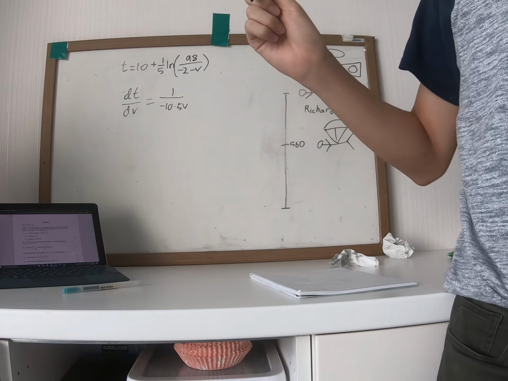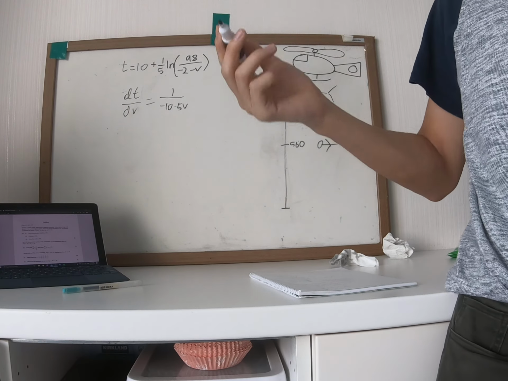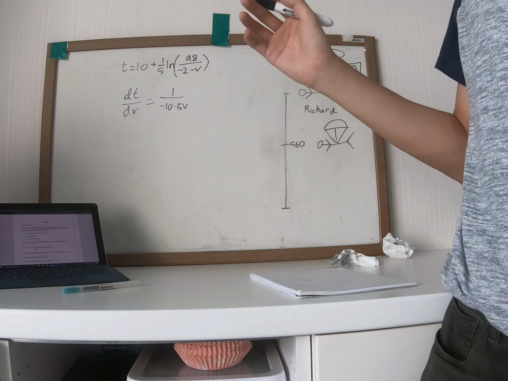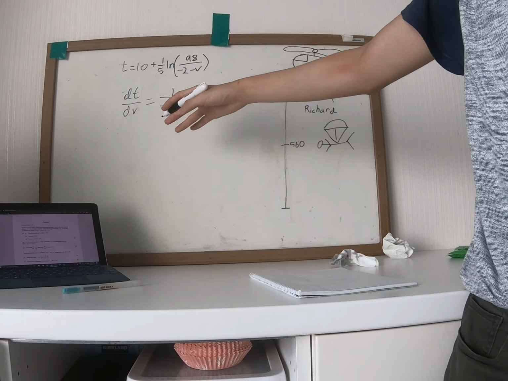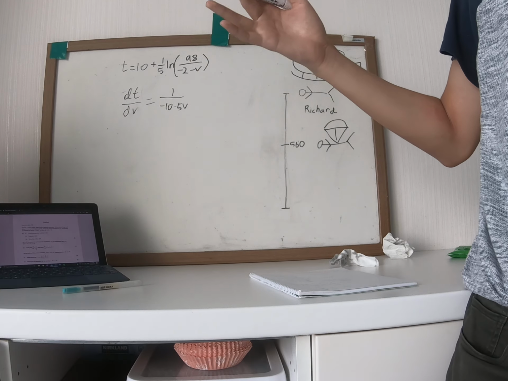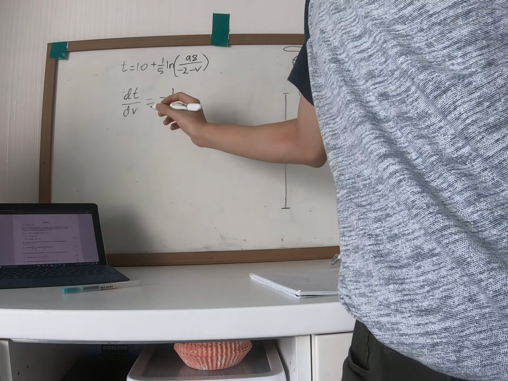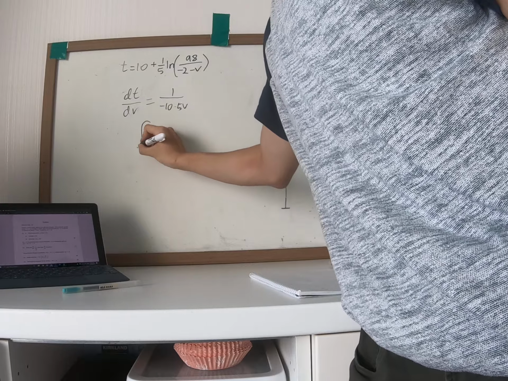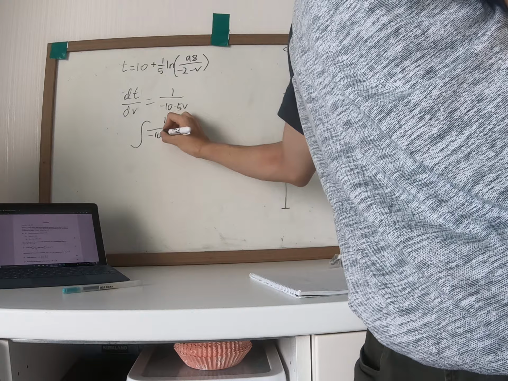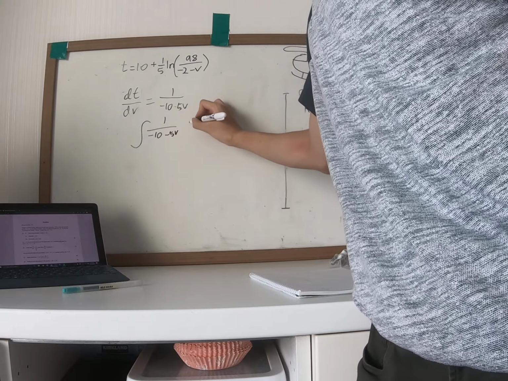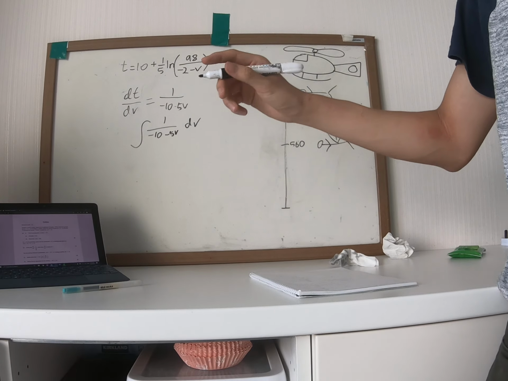Since this is the rate of change of time relative to velocity, what we can do is integrate this function in terms of velocity to get t. So in perspective, that is just the integral of 1 over negative 10 minus 5v with respect to v. This will give us t.